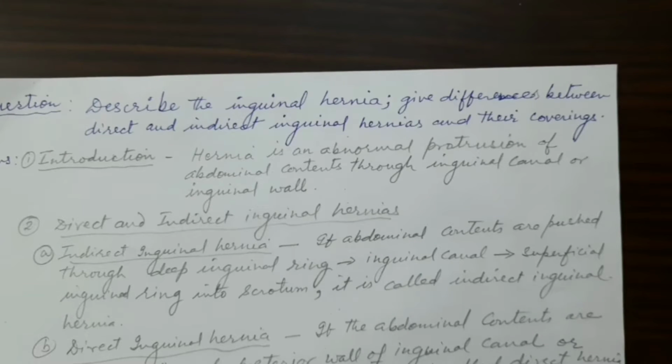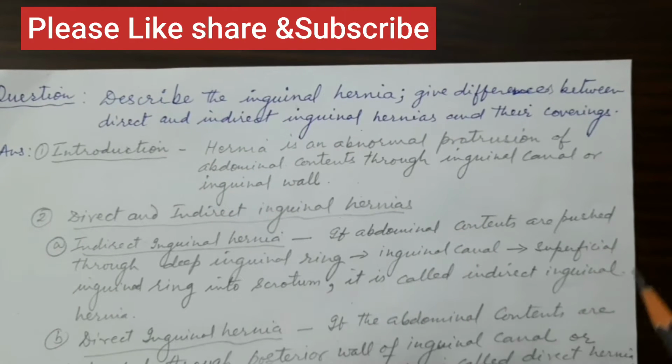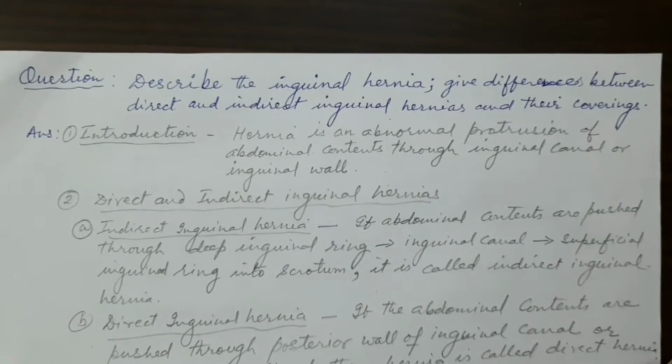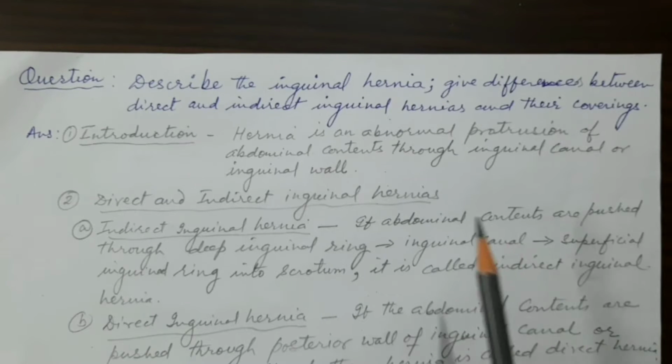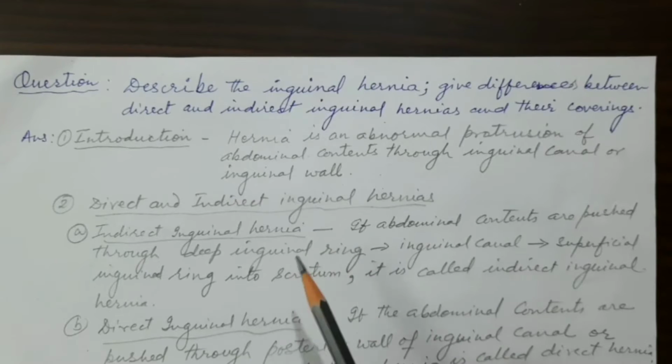Inguinal hernia is an abnormal protrusion of the abdominal contents through the inguinal canal, an intermuscular slit-like space which is located in the medial half of the inguinal ligament, almost half an inch above the inguinal ligament. Now these inguinal hernias, which are abnormal protrusions, are of two different types.